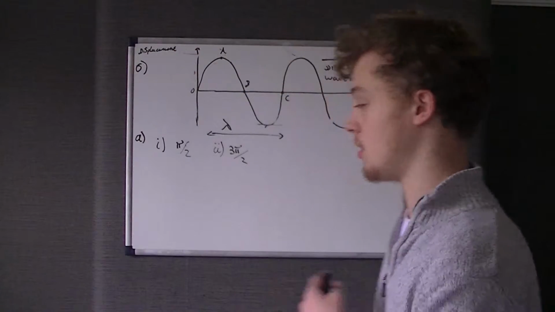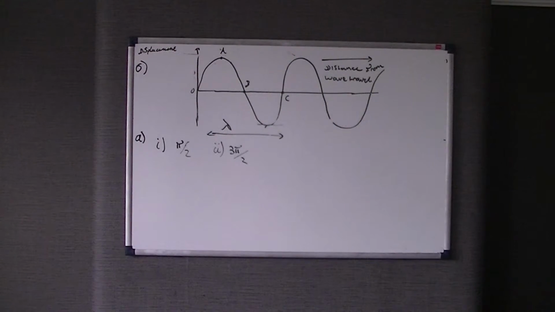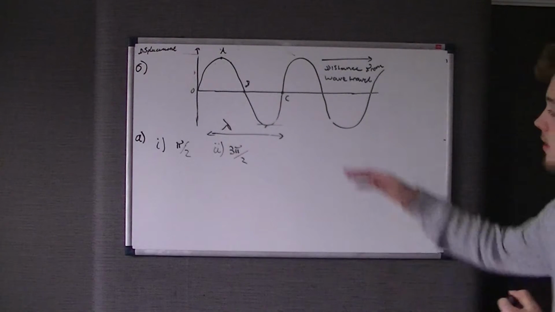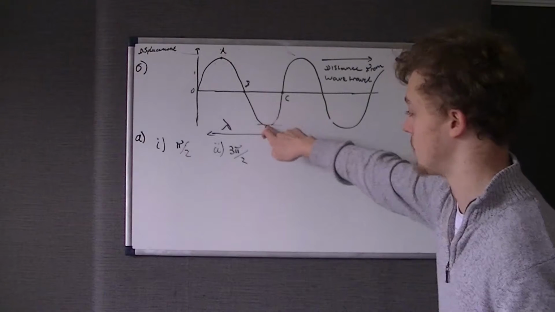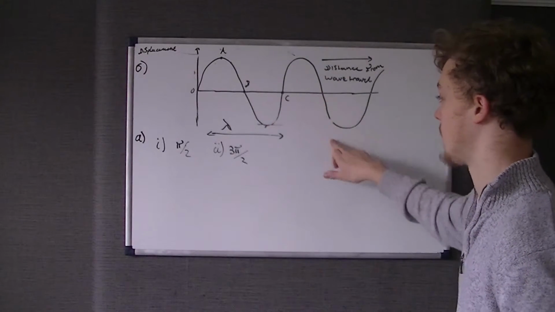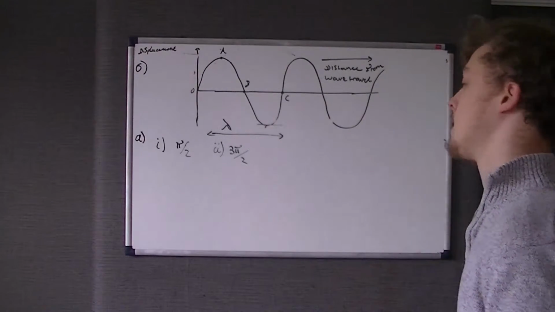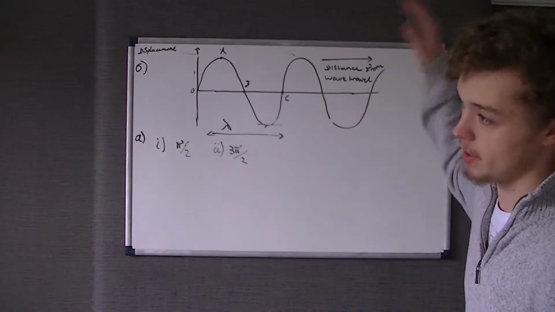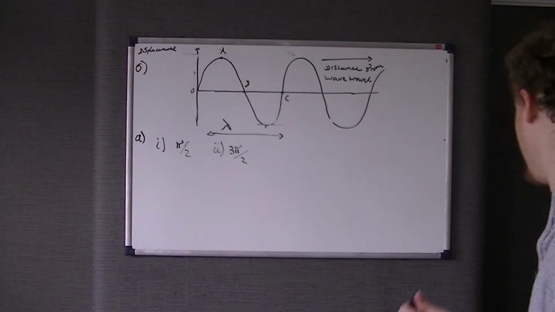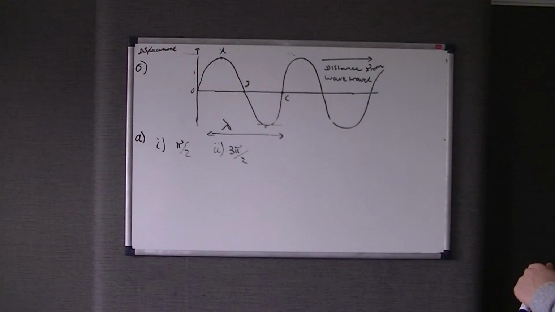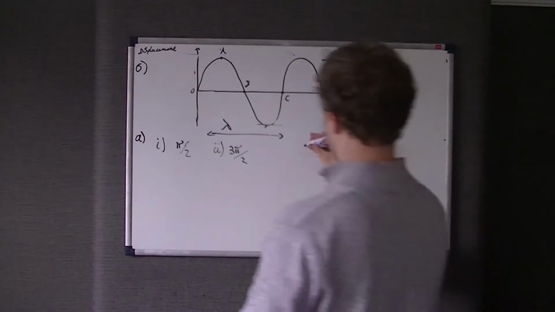The next mark is for saying it moves from 0 displacement to maximum to 0 and so on. Really, you just say it oscillates about the equilibrium, however you want to say it. So that's 6B.